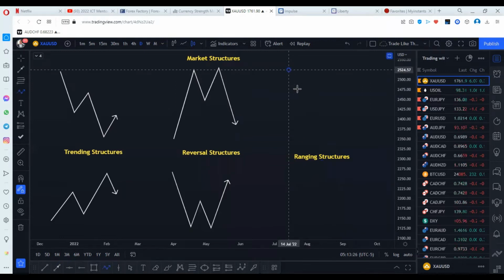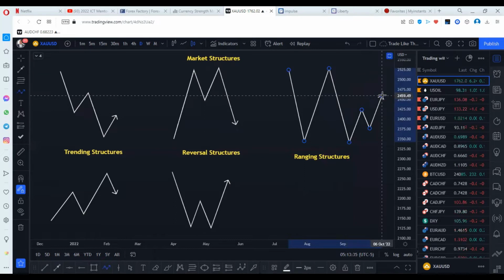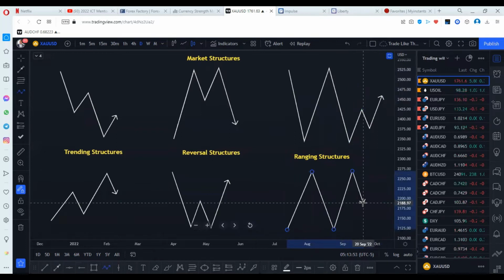Well, you're going to have price push down and then push back up, push back down, and it's just doing that sort of thing. Same thing for the downtrend kind of situation. It's going to be pushing up, coming back down, pushing back up, pulling back down, creating ranges, heading right back down.